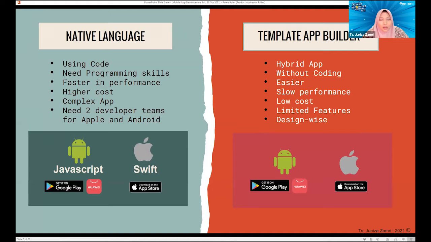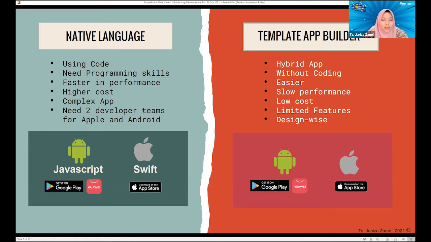Native apps are built specifically for just one platform. For example, if we develop a native app for iOS, we normally need to have another team of developers to develop the Android version of the same app.